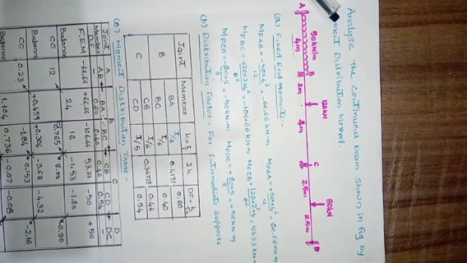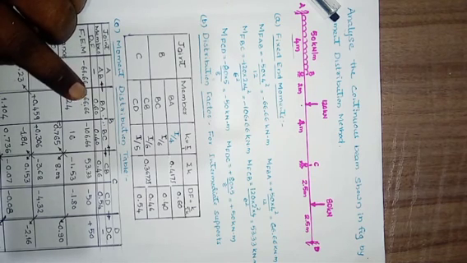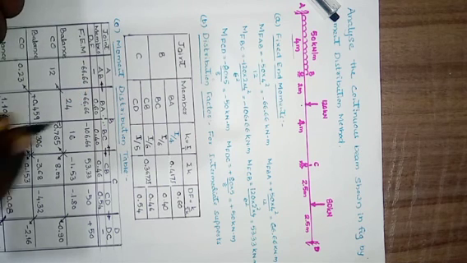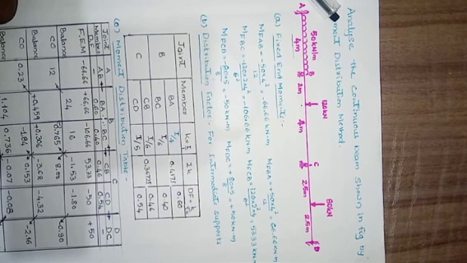Here again we have to redistribute, we have to balance this. Then we have to add 0.035 in the proportion of 0.6 and 0.4.